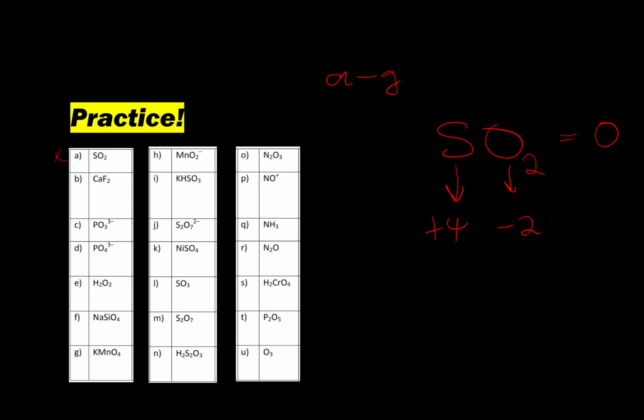It's fine actually, because what's happening here is that there are two oxygen atoms, therefore the overall thing would be -4, right? And then that means that the sulfur would have to give +4 in order for everything to be zero. So it is fine, all right? So this is fine here.